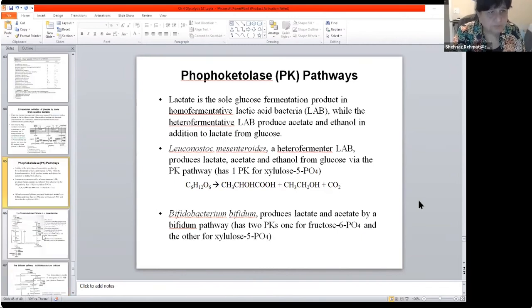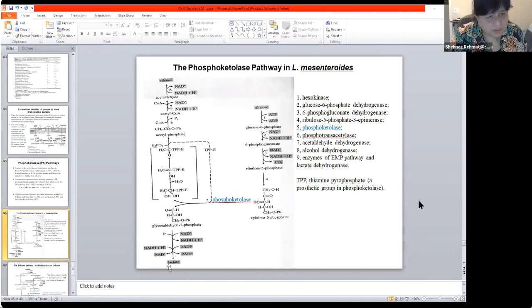So here we go. The pathway is being shown where you are starting with the phosphoketolase enzymes that are being used in this pathway. So your glucose is coming through and you come up to the xylulose 5-phosphate. Remember, this is part of your HMP.